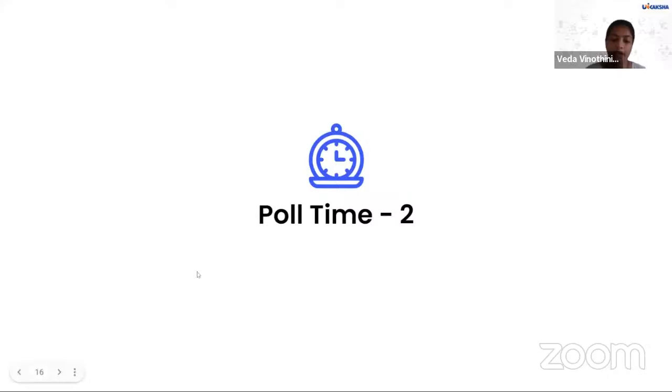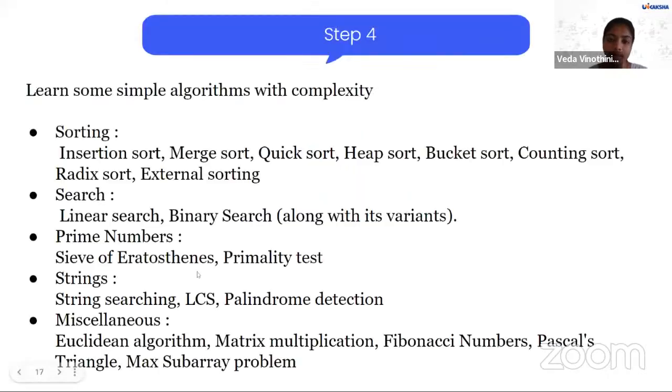So guys, I hope I answered the questions correctly, right? So now we learnt how to start with algorithms, and then how to understand or implement and get your solutions by various types of algorithms. And then the third thing you learnt about was different types of data structures. After this, as step 4, you need to learn some of the simple algorithms with complexity.